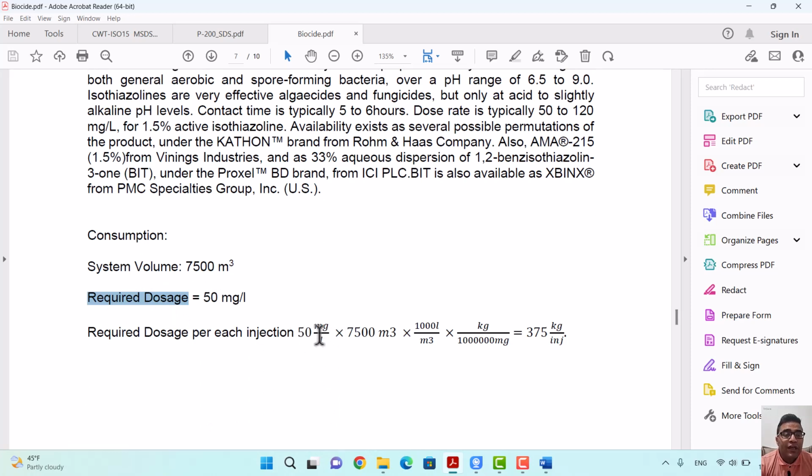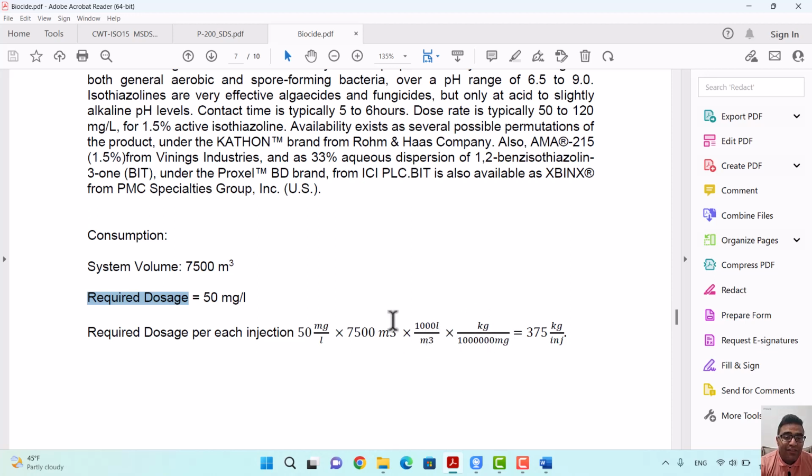At first, I know that I need this ppm. So I multiply this ppm by the volume of the system and do some conversion between liter and cubic meter and between kilogram and milligram.